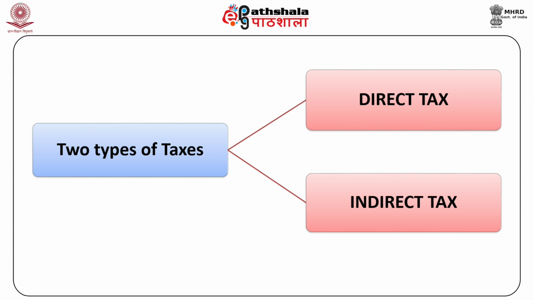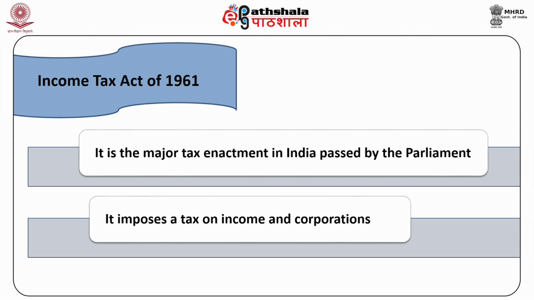Next, we discuss the Income Tax Act of the Government of India. The major tax enactment in India is the Income Tax Act of 1961, passed by the Parliament, which imposes a tax on income of individuals and corporations.